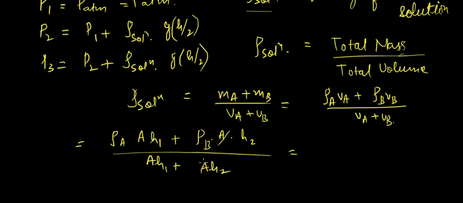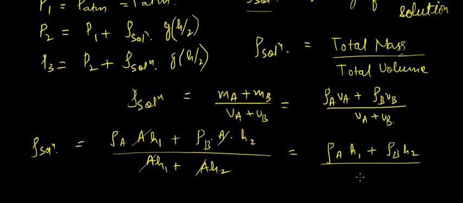We can cancel A from all the terms in numerator and denominator. Finally, the density of solution would be density of A times h1 plus density of B times h2, divided by h1 plus h2.